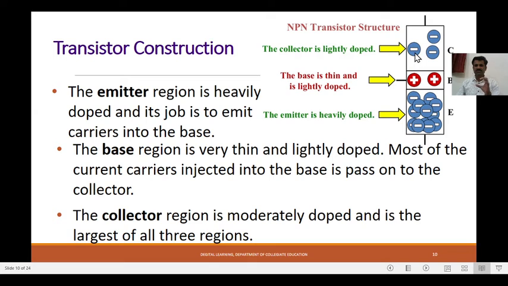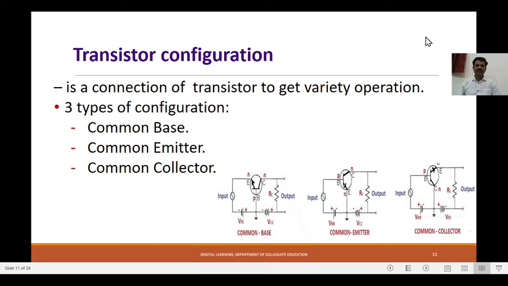This is moderately doped. Compared to the emitter, this is lightly doped material with N type impurities. The collector region is the largest of all three regions.